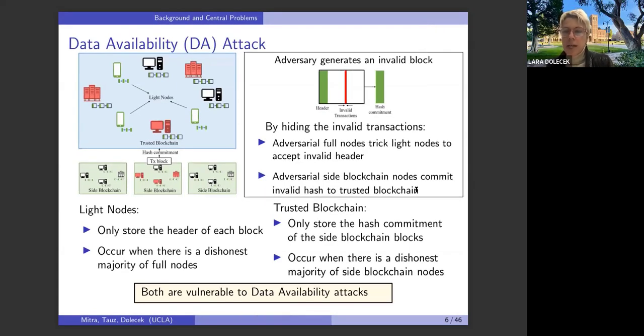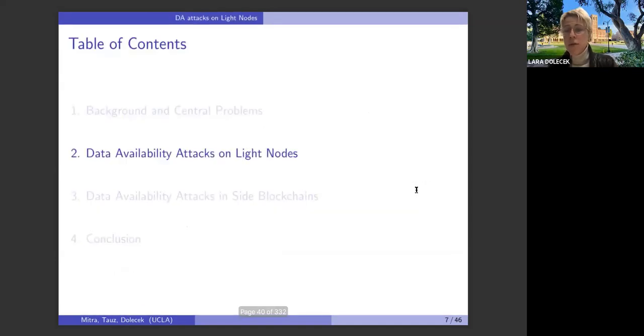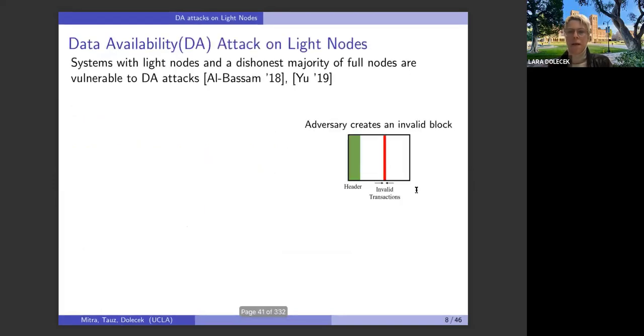And the adversarial side blockchain, going back to Predrag's question, can commit an invalid hash to the trusted blockchain. These are two separate problems, but they all stem from this description of the data availability attack. Now I'm going to describe in detail how this data availability attack on light nodes comes about, and what we can do to remedy it.